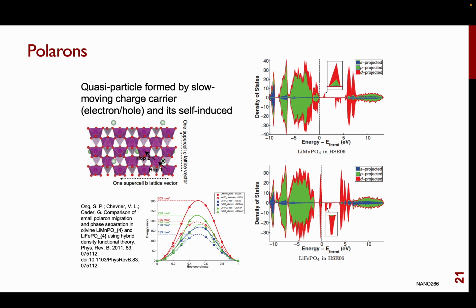And the hybridization has a consequence for the migration barrier of your polaron, right? In other words, the stronger the hybridization, we found the higher the barrier for polaron migration, and that also means that the manganese compound is more insulating, okay?